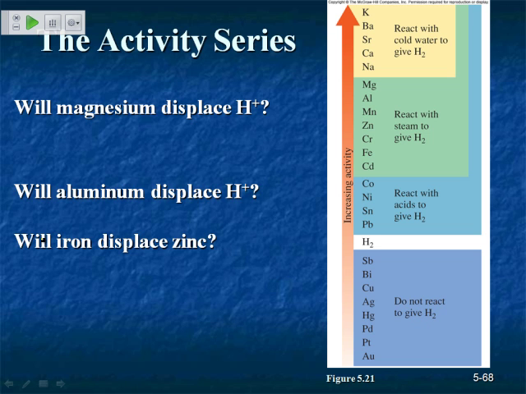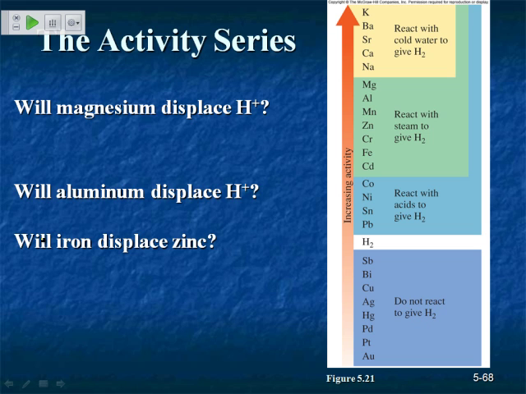As you can see, the arrow goes up and it says increasing activity, meaning we will find the most reactive metals on the top of the table and the least reactive metals on the bottom of the table. Now, how do we use this? Using this table, how can you say which one will displace which one?